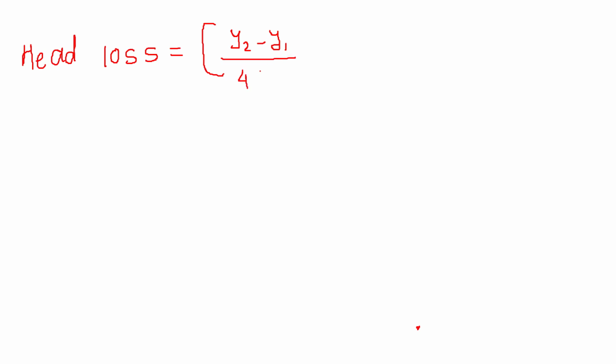After that we have to calculate head loss. Head loss will be y2 minus y1, bracket cube, upon 4 y1 into y2. This is the formula for head loss in a hydraulic jump.